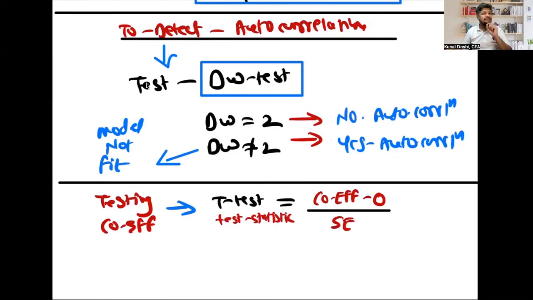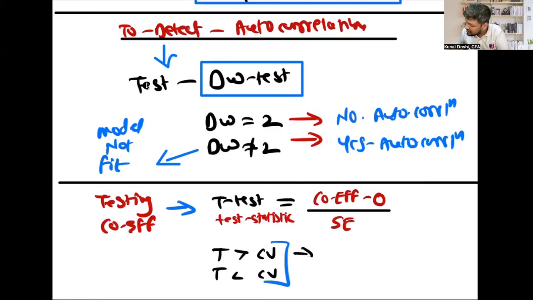We will compare and we will test whether the coefficients are significantly different from 0 or not. So if this t statistic is greater than the higher critical value or lower than the negative lower critical value, then in that case, we will reject the null. We reject the null.